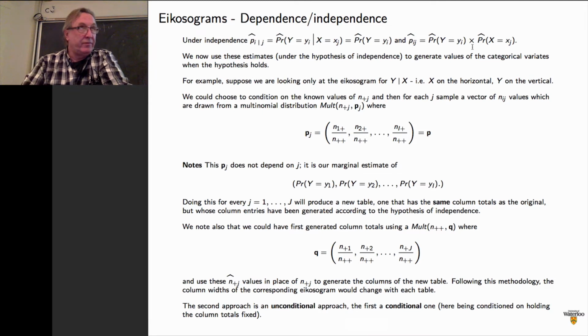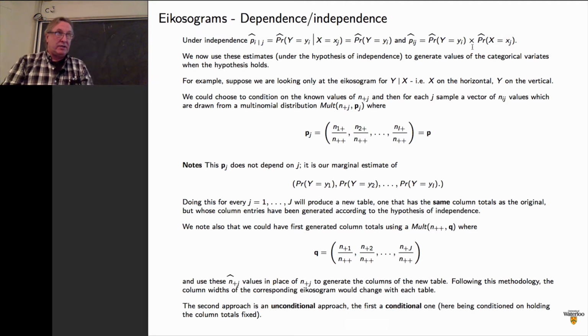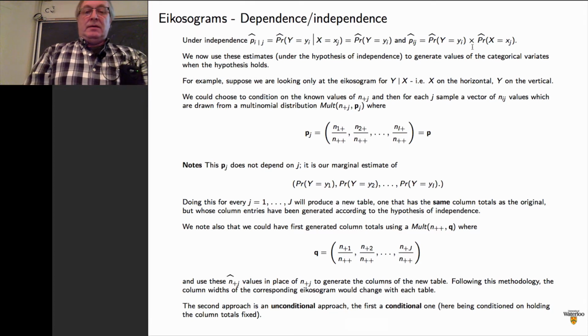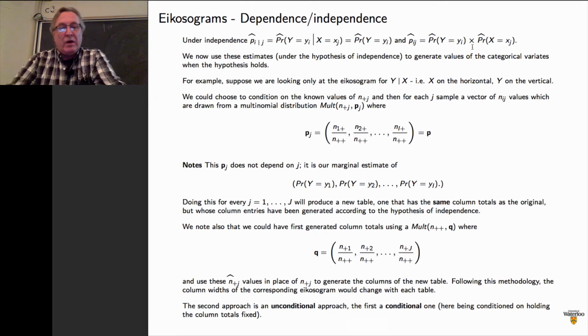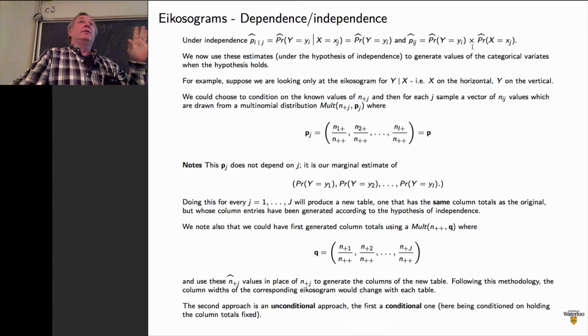So that should be familiar as well, which means we can take any collection of numbers and impose this independence on them if we're interested in exploring that possibility. So if I want to think about a lineup and I want to assess whether or not the categorical variates I'm looking at appear to be independently distributed, what do I need? I need the Ikosogram for the data and also the Ikosograms under the hypothesis of independence, which means I have to generate data under the hypothesis of independence. Okay?